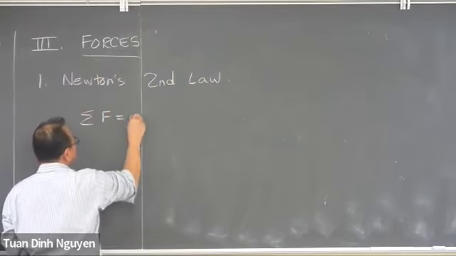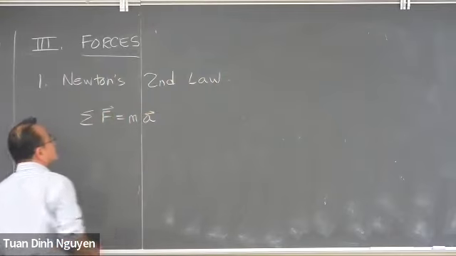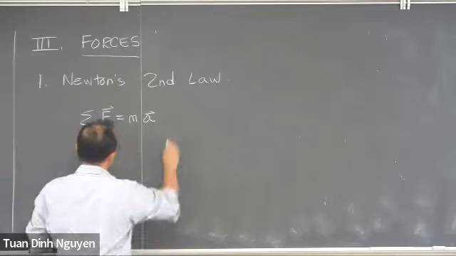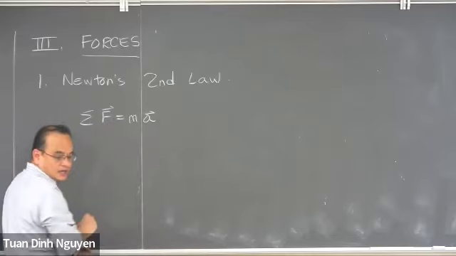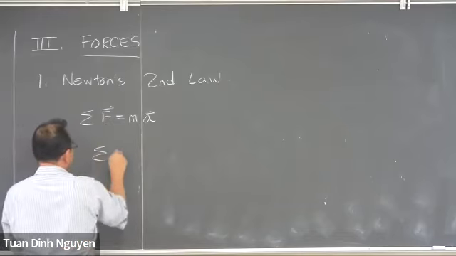Newton's second law is a vector equation. The sum of all the forces, in other words, the net force, equals the mass times the acceleration. It's a vector equation, which means that every component follows it.